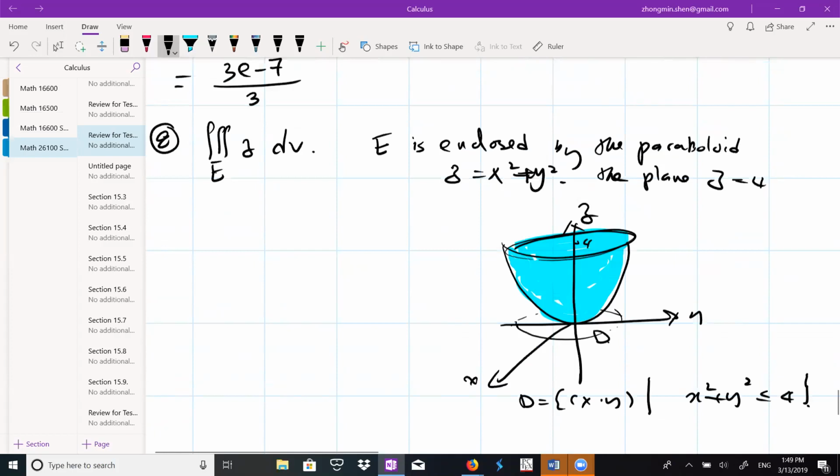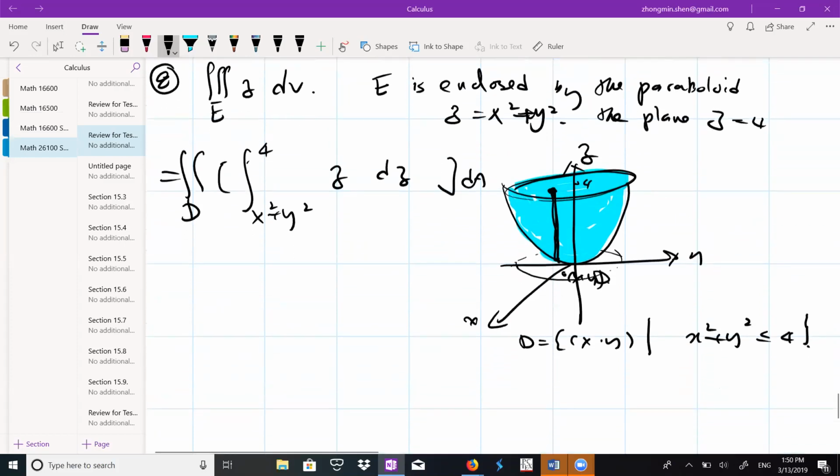So this should be equal to the double integral dA. Then for each point x and y, you draw a vertical line segment. So think about what is the lower bound for the z value. The upper bound for z is 4, right? The lower bound for z is determined by the paraboloid.